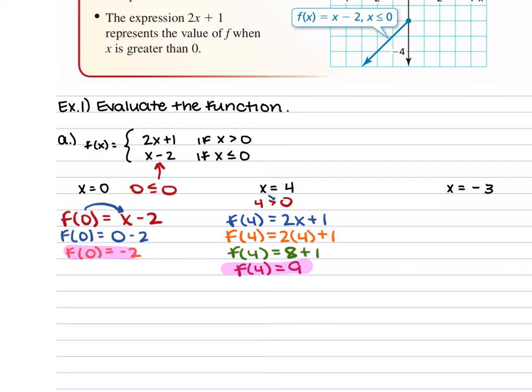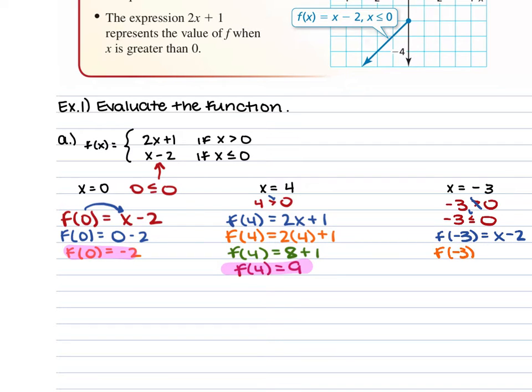When x is equal to negative 3, if we plug this in, we have negative 3 is greater than 0. That's a false statement, so we won't use that one. However, negative 3 is less than or equal to 0. That gives us a true statement, so we'll use the x minus 2. So f of negative 3 is equal to x minus 2. We plug that negative 3 in for x.